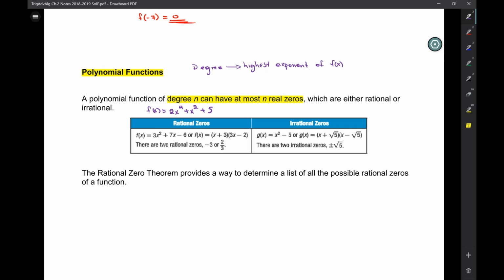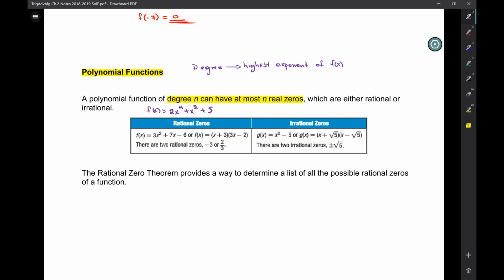Okay? Now, those zeros could either be rational or irrational. So for example, when you solve the function, like look at this one. How many zeros can this have? 2. Okay? In this case, the zeros are -3 and 2/3. And if you remember, this is a rational number. Both of these are rational numbers. How do you know?